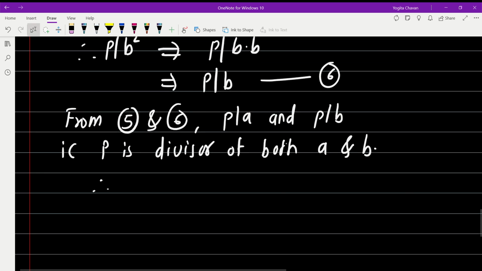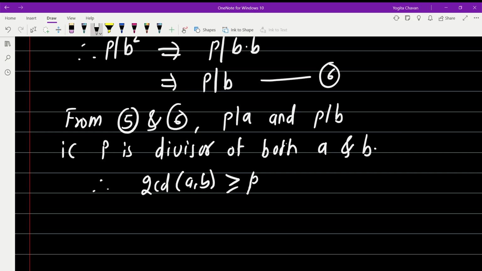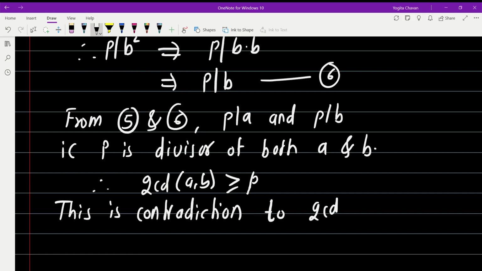Now p is prime, so p is greater than or equal to 1, and it is a divisor of both a and b. So p is a common divisor of a and b. So GCD of a and b is greater than or equal to p. And this is a contradiction to GCD of a and b being equal to 1.